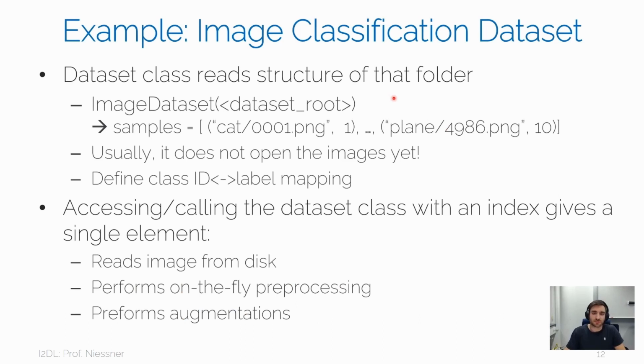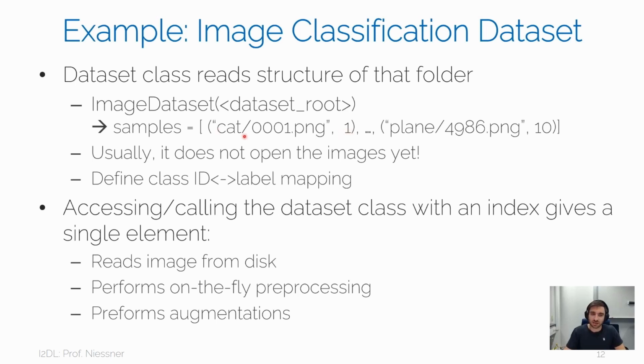If you initialize your image dataset with a given path, then it should read the structure of the folders. So it parses all the file names, and with that you basically get a list of all the files together with their label. This label means the specific class ID.